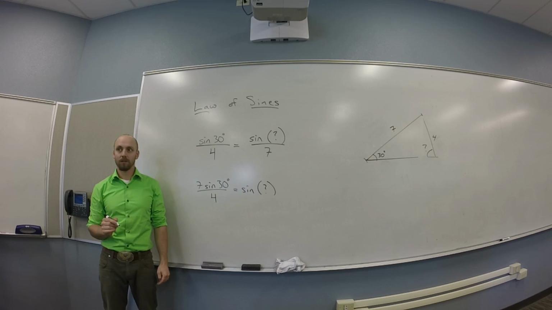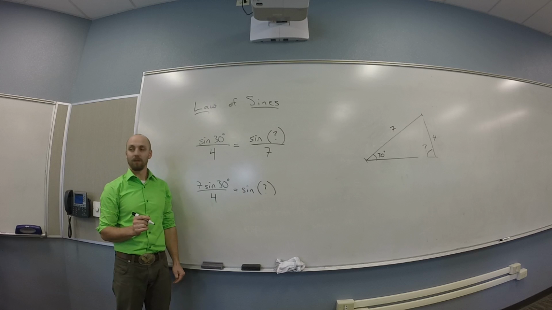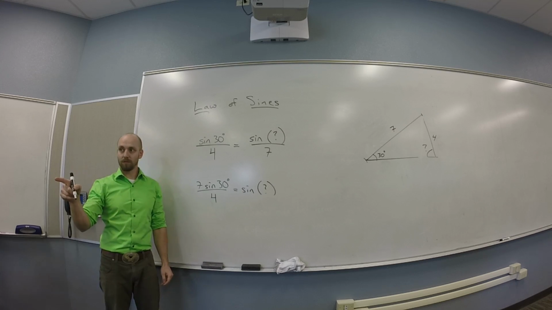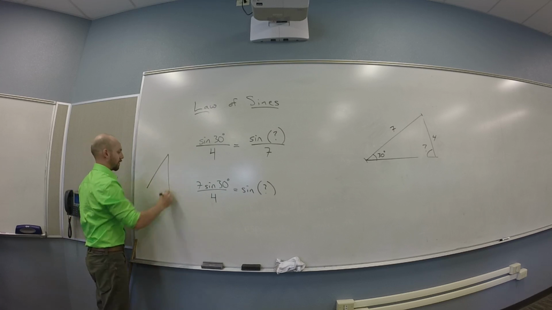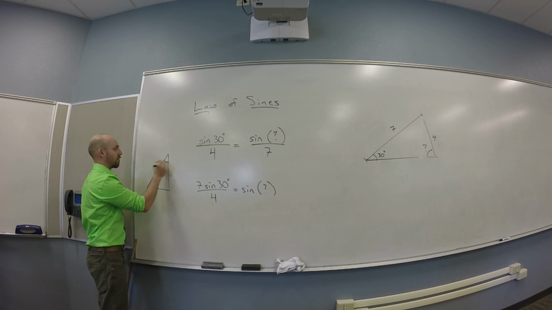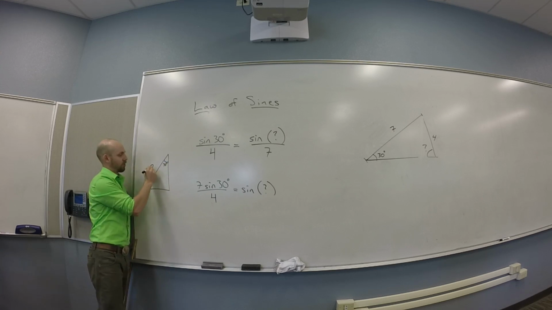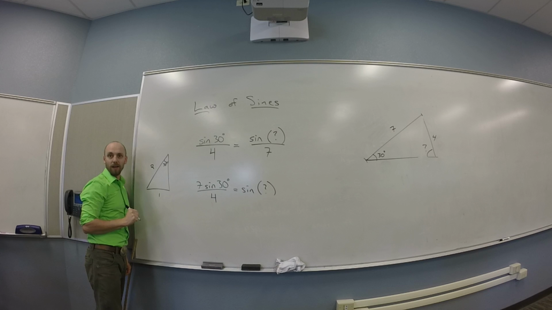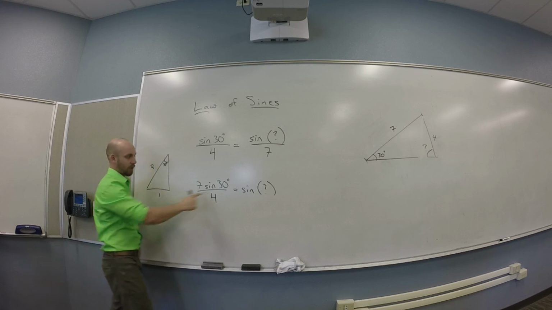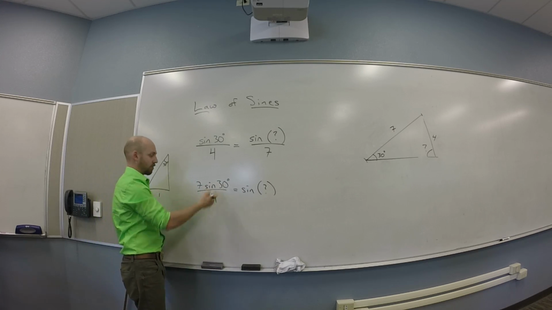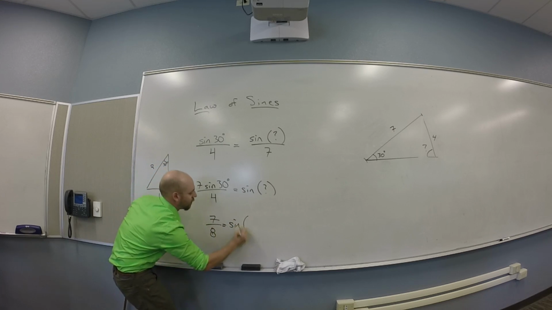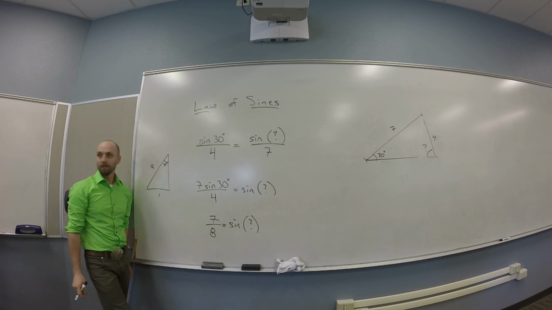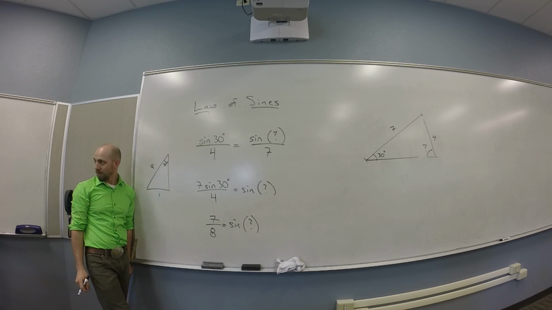Sine of 30 degrees is a number I should be able to get, and it's a nice number too. 30 is this triangle, 2 and 1, so the sine is 1/2. I can put that in here. So 7 over 8 is sine of question mark. It's a different triangle than your standard right triangle.